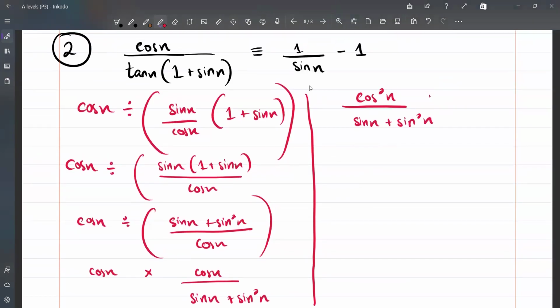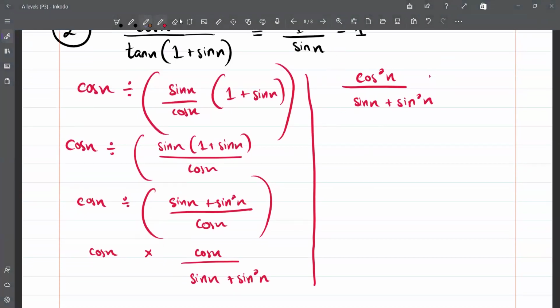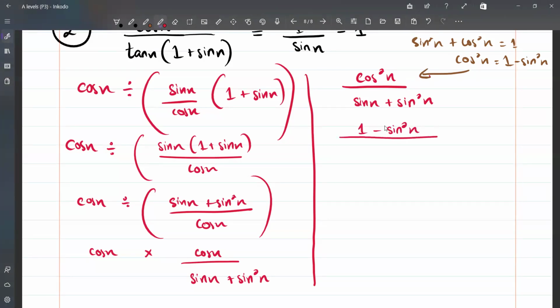Okay, so we need to prove 1 upon sine x minus 1. You must know that sine square x plus cos square x is equal to 1. So cos square x is equal to 1 minus sine square x. So we'll just apply it here. Okay, so 1 minus sine square x upon sine x. Let's just take sine x common. Sine x, 1 plus sine x.